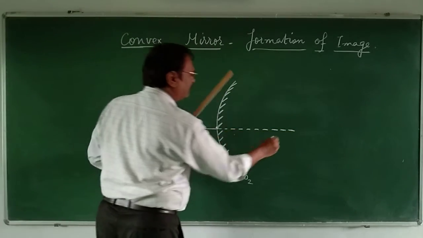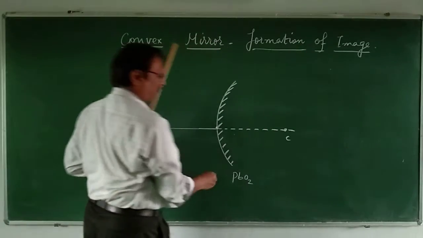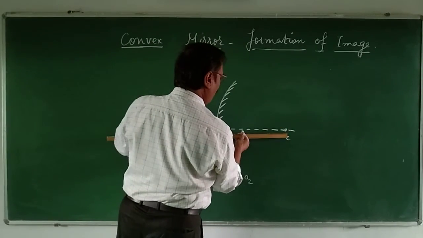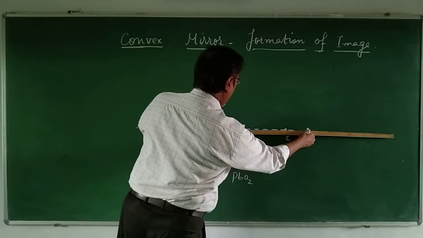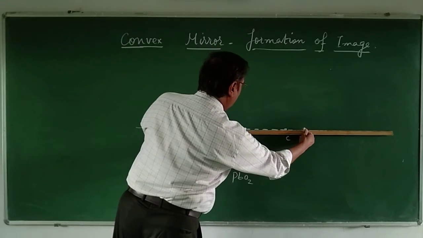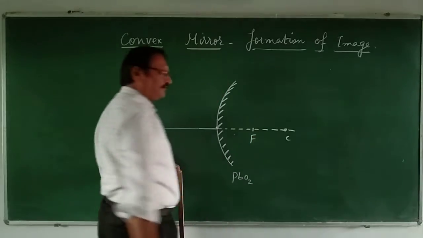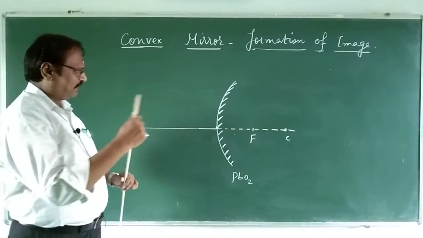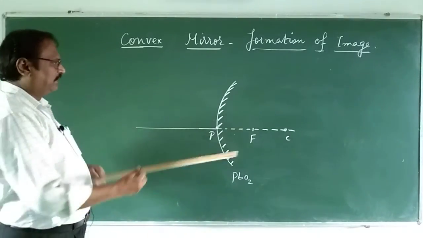And this is the center of curvature, because this is going to be the sphere. And I told you what the distance is going to be. It is 40, so 20 is the focus. Half the value is the focus. Now, this is the pole. Let us go slow.